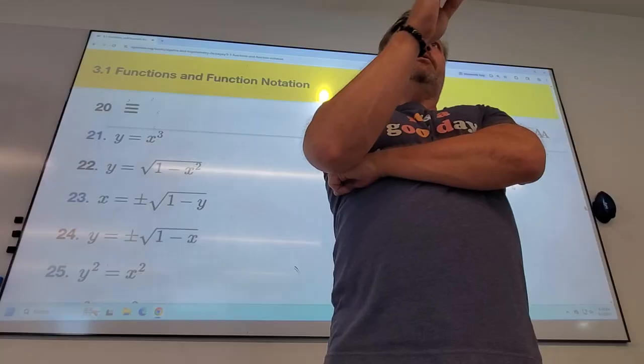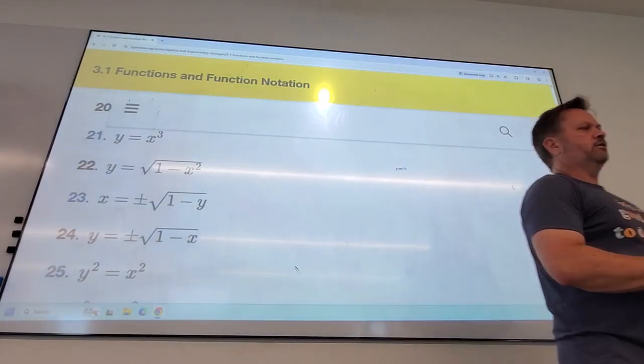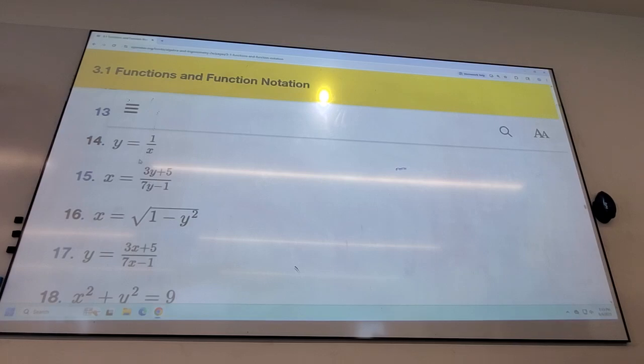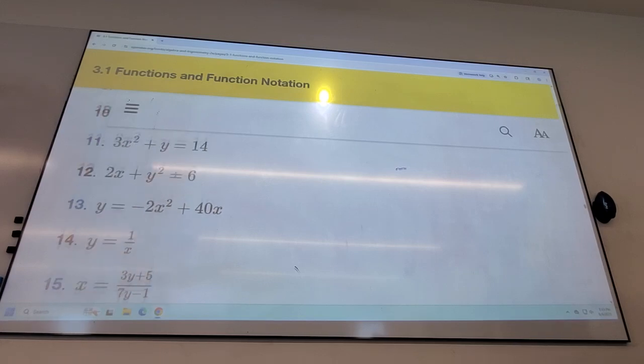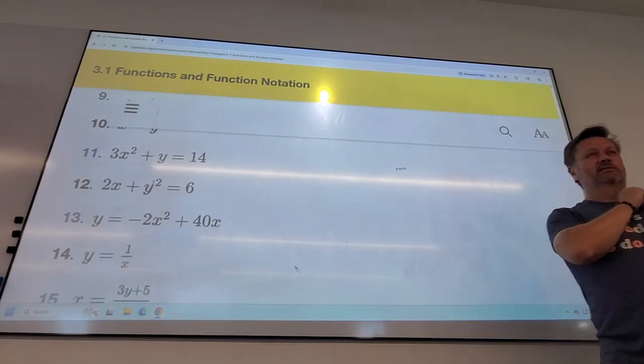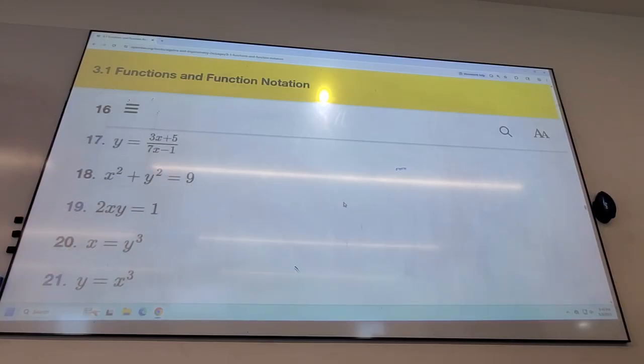A quicker way is, as long as your y variable is to the first power, then it's more than likely a function of x. So everything that's not a function of x is where the y is to a different power than 1. If it's squared, that's an issue. I don't think they put any cubes in it.